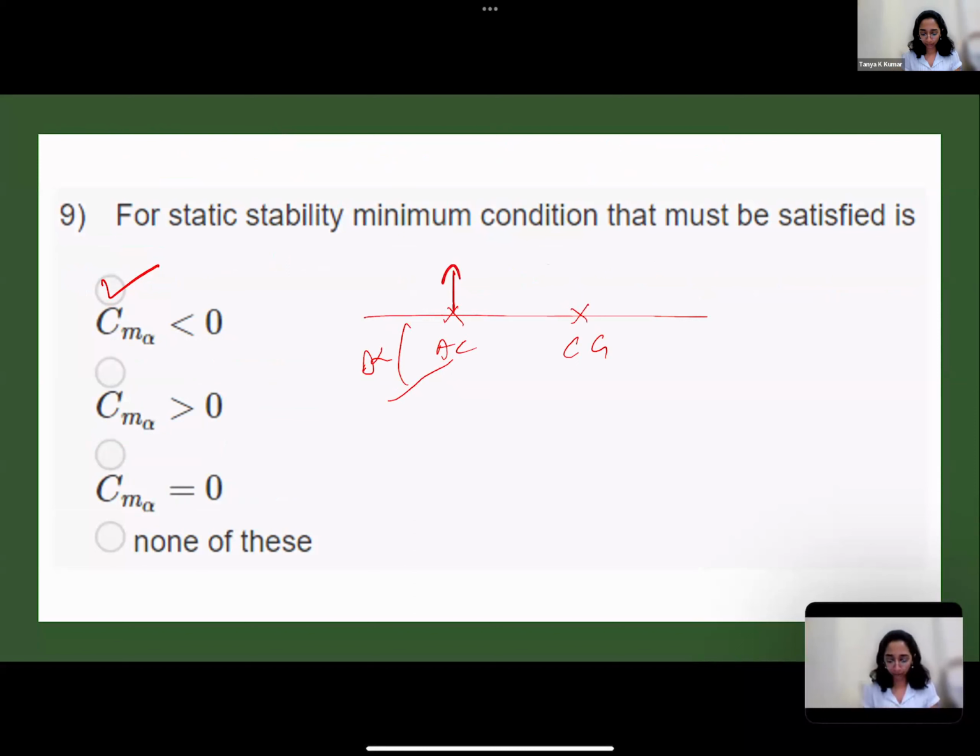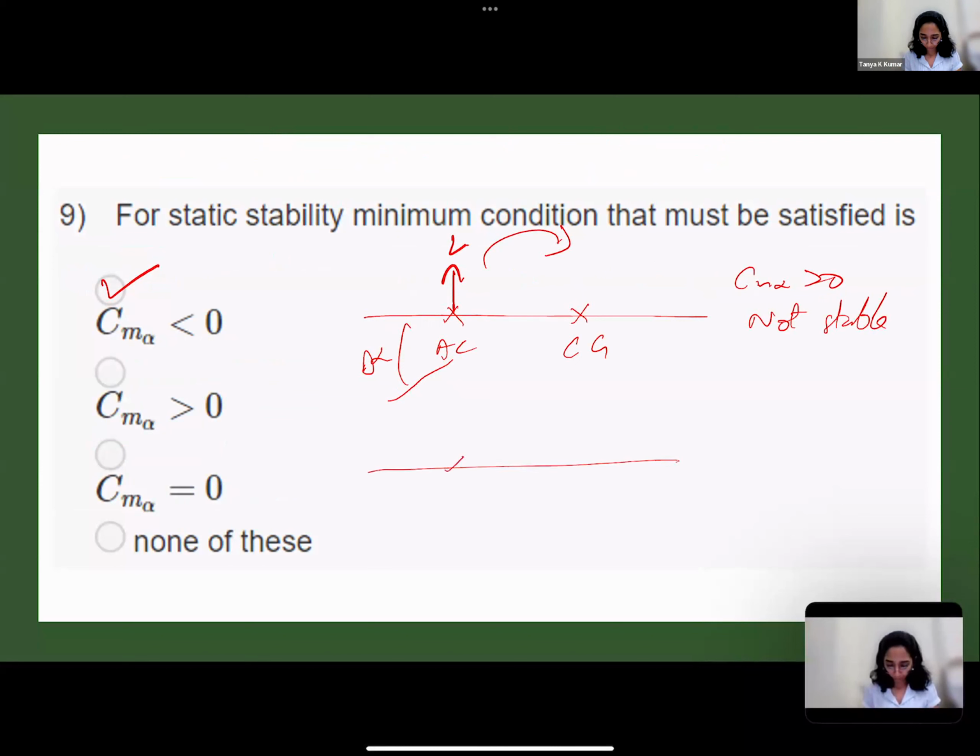But since your AC is here, it will just continue producing a disturbing moment. It will not have any restorative moment. So in this case, Cm alpha is greater than 0, not stable in terms of static stability.